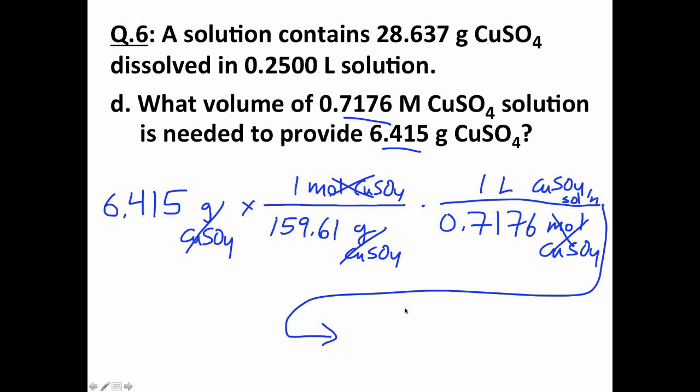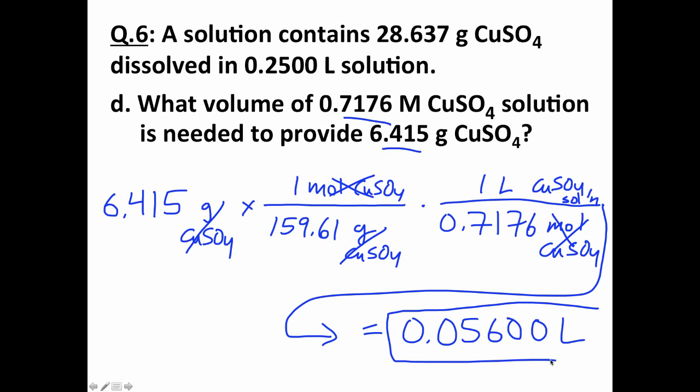And that works out to be 0.05600 liters, which is about 56 milliliters, of course. And this is of the copper sulfate solution that's needed to provide 6.415 grams of copper sulfate.